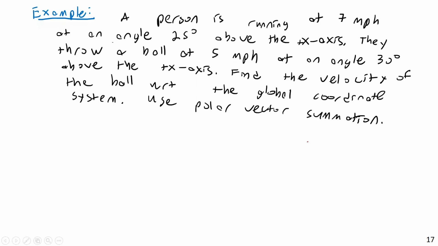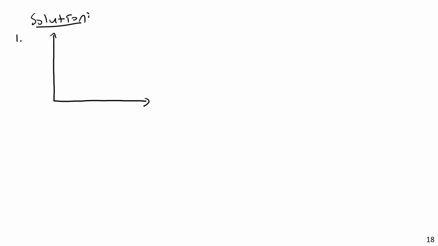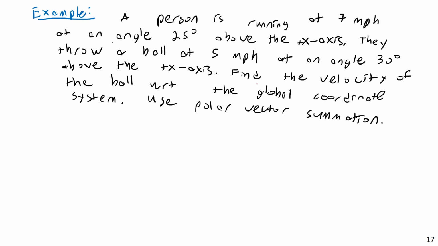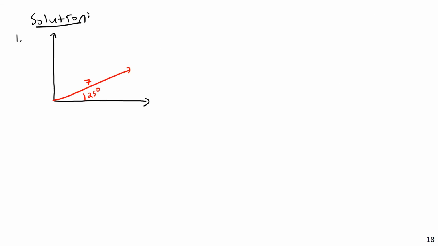So I'm going to have 7 miles per hour at 25 degrees above the positive x-axis. So I can just draw that as a 7. And then 25 degrees here. And then 5 miles per hour at an angle of 30 degrees above the positive x-axis. So 5 at a slightly higher angle, 5 at an angle of 30 degrees.